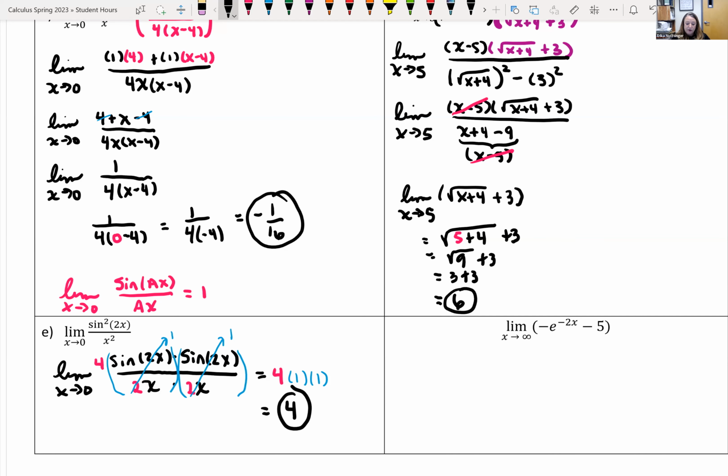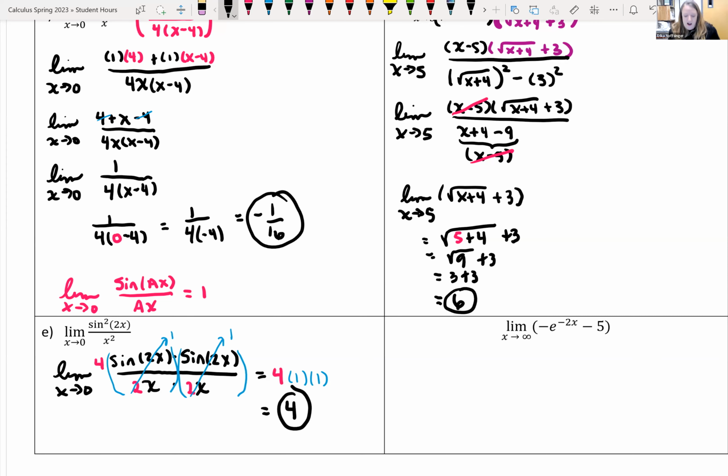So the next limit, we have the limit as x is approaching infinity of the quantity negative e raised to the negative 2x power, and then outside of the exponent, we have minus 5. So let's manipulate this and rewrite it a little bit. Remember, if you have a negative exponent, we can rewrite that piece with a positive exponent by changing the position.